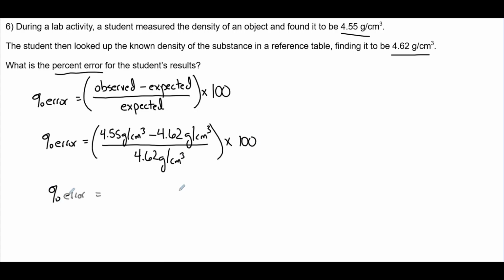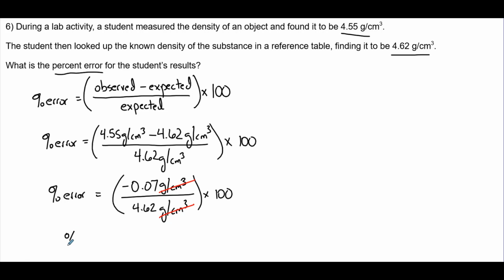So percent error is going to be equal to the numbers on top are subtracted, so that's 4.55 minus 4.62. And so that numerator works out to be negative 0.07, and that's still grams per centimeter cubed. We're still dividing by 4.62. And let's not forget to multiply by 100. Now right there, you can see the units all cancel out because we're dividing a unit by itself.